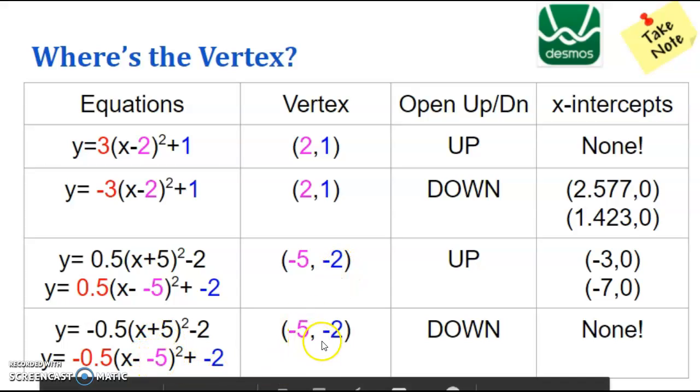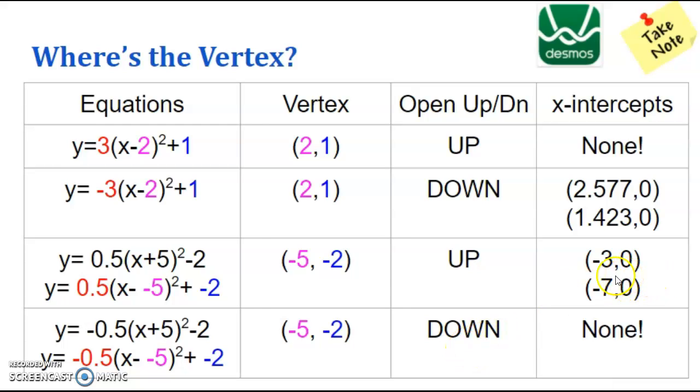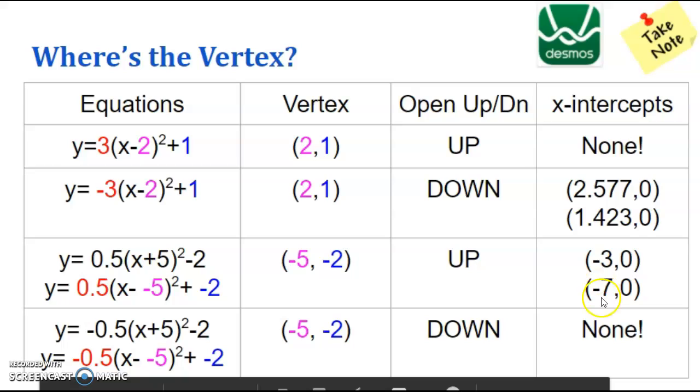Regardless of whether it's positive or negative, the number in front, the vertex is going to be the same. But when it's positive 0.5, it's going to be opening up. When it's negative 0.5, it's going to be opening down. For x-intercepts, when it is opening up with the vertex being below the x-axis, it's going to have x-intercepts, but none if it's opening down.